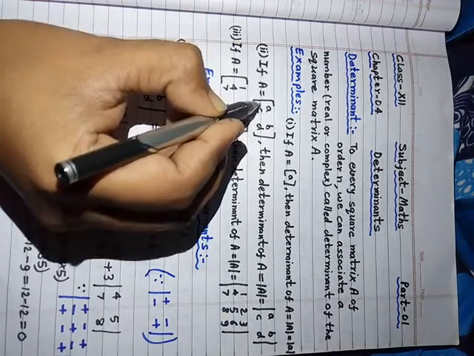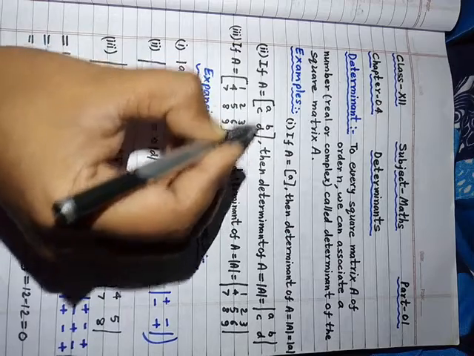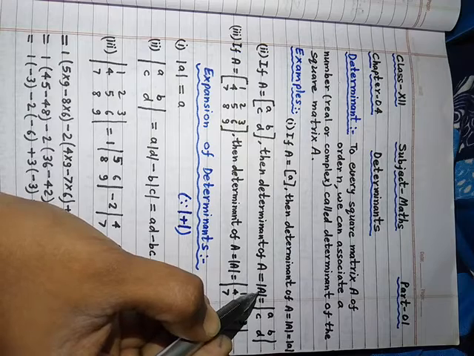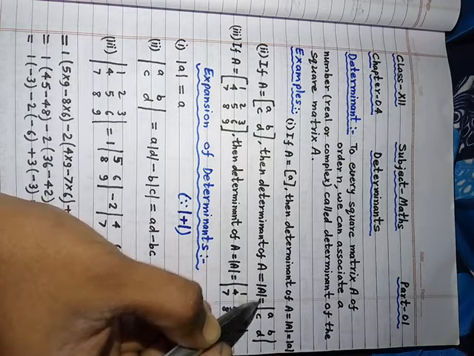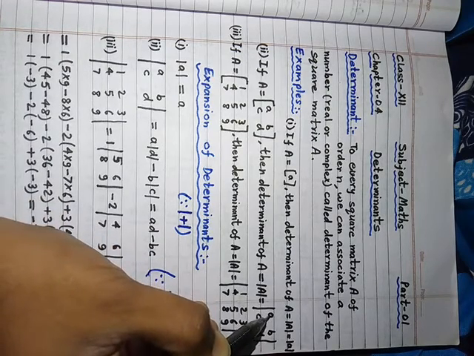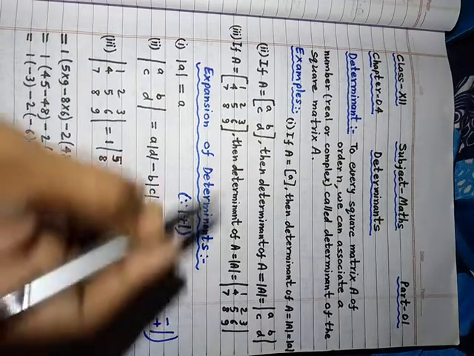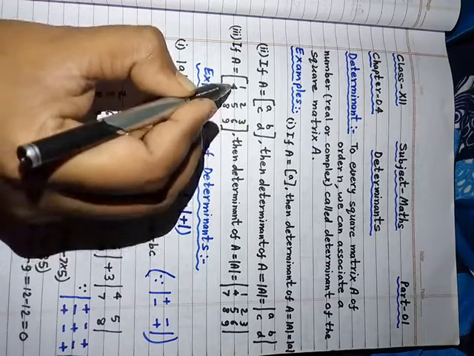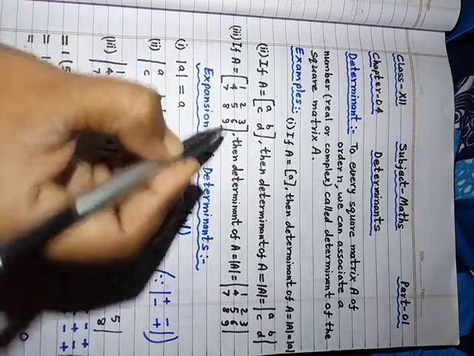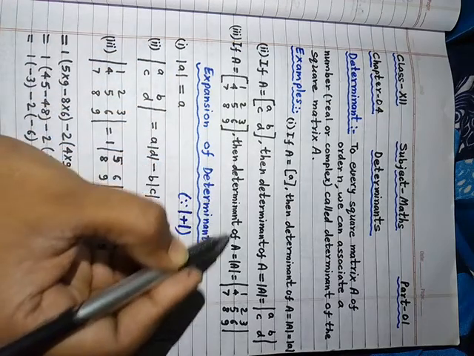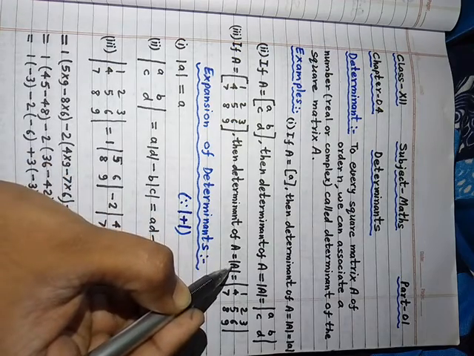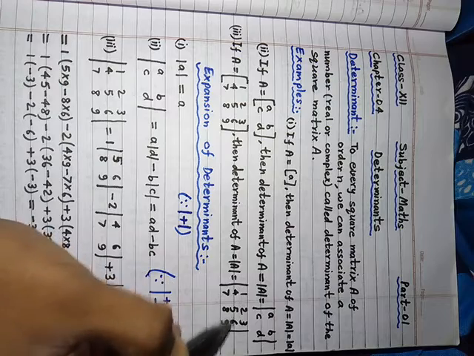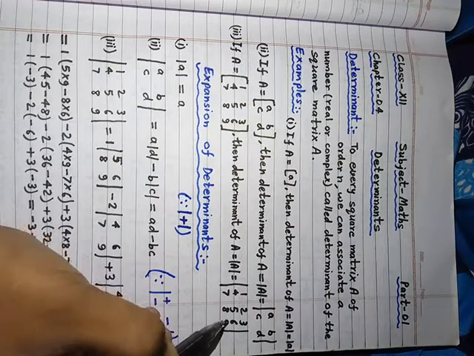Second, if A is equal to matrix a, b, c, d, then determinant of A, or mod A, is equal to determinant a, b, c, d. Third, if A is equal to 1, 2, 3, 4, 5, 6, 7, 8, 9, then determinant of A is equal to determinant 1, 2, 3, 4, 5, 6, 7, 8, 9.